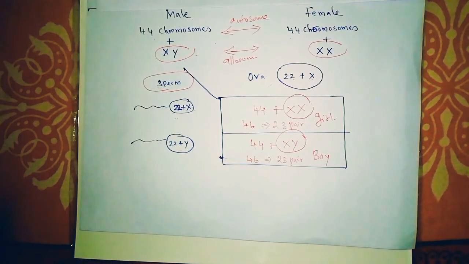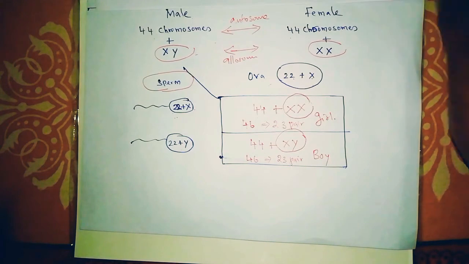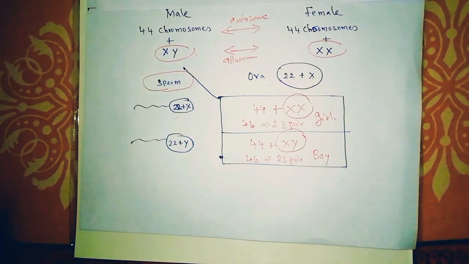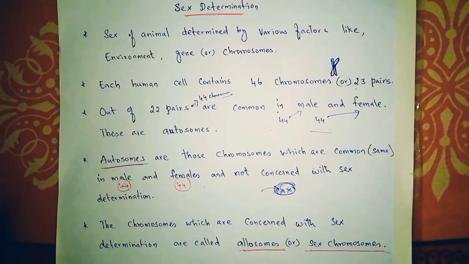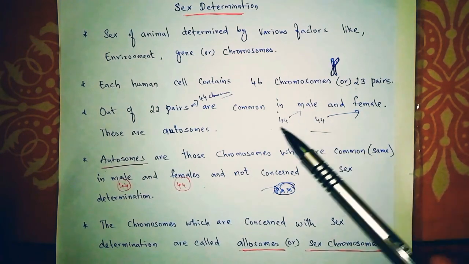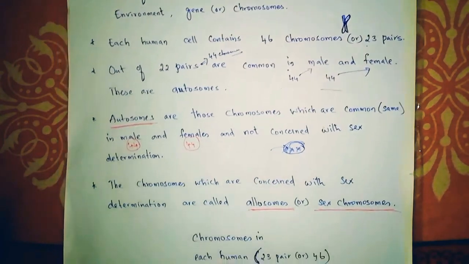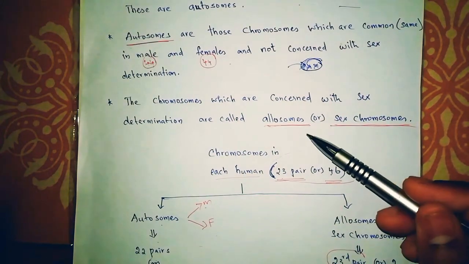So what are the things we learned from this class today? We have learned about sex determination. In sex determination, we have learned how many chromosomes we have, what are autosomes, and what are allosomes, right?